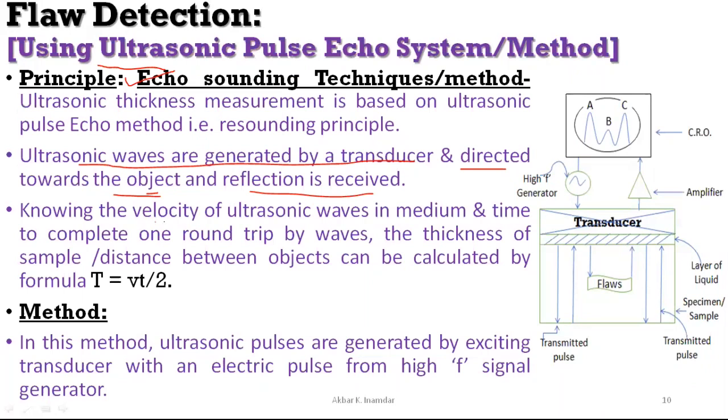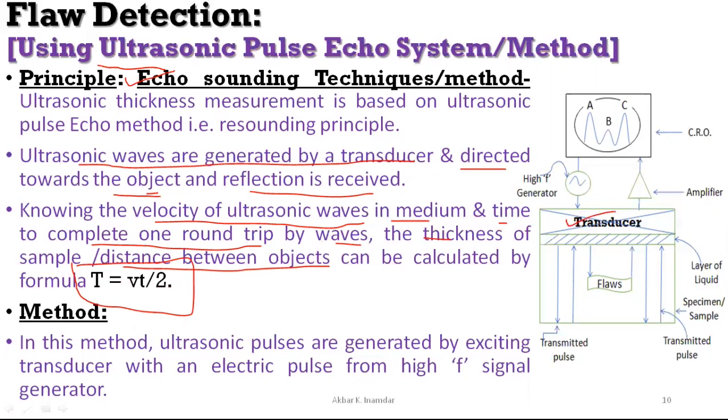Knowing the velocity of ultrasonic waves in the medium and the time to complete one round trip by the waves, the thickness of the object or distance can be calculated by the same formula, T = Vt/2.